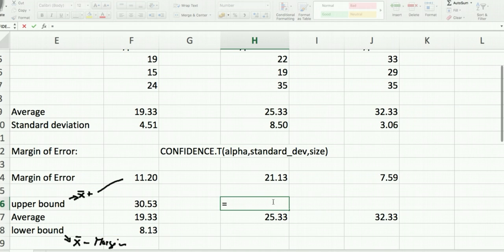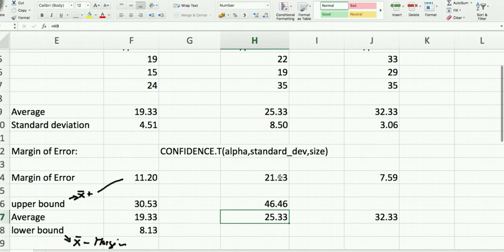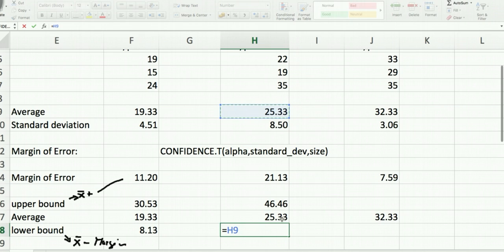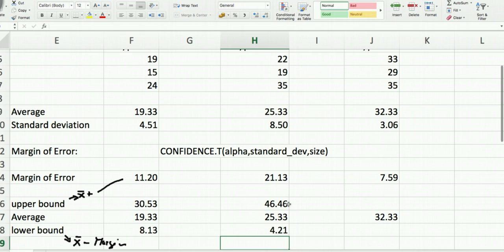Again, we say is the average we've calculated plus the margin of error. And here this is the average minus the margin of error. And we can do that for Toya as well. For Toya's sample, I just drag it across. And this one here as well, across.